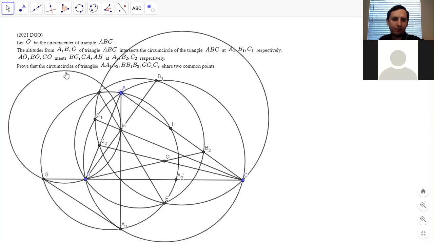So if we could show either of two tangencies, that would solve it.